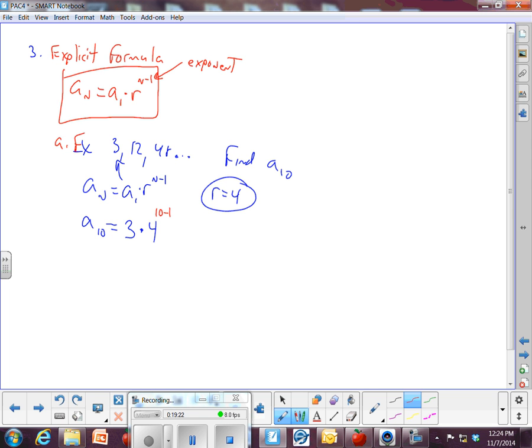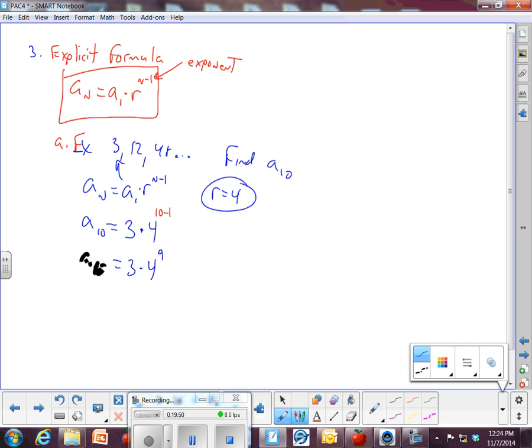It's a big number, and we like these a whole lot better when we use a calculator on them. So let me just show you the next step. A sub 10 equals 3 times 4 to the 9th power. It's a big number. I'm going to use my calculator.